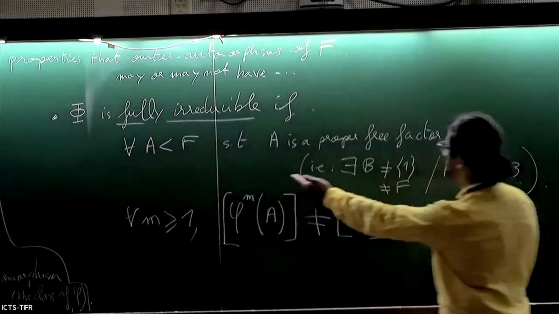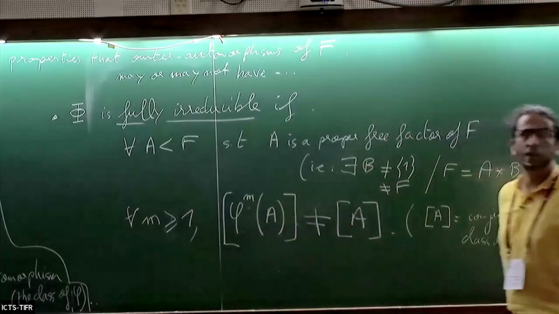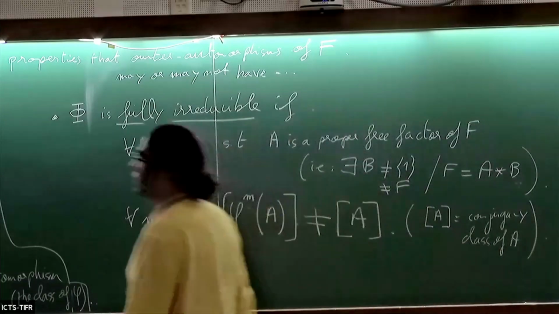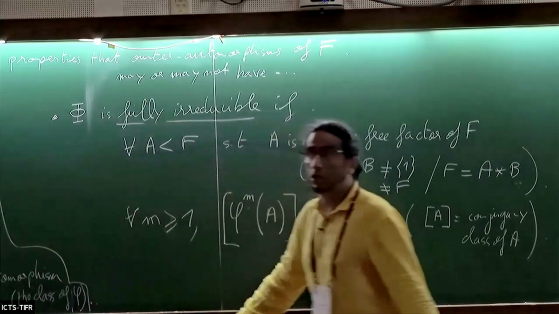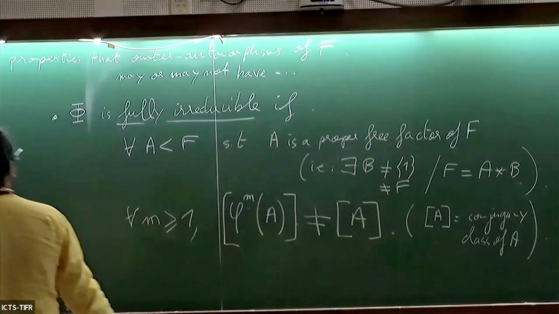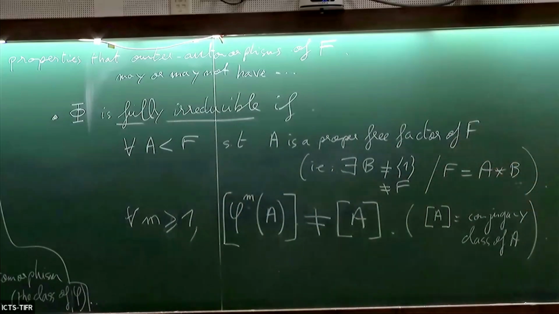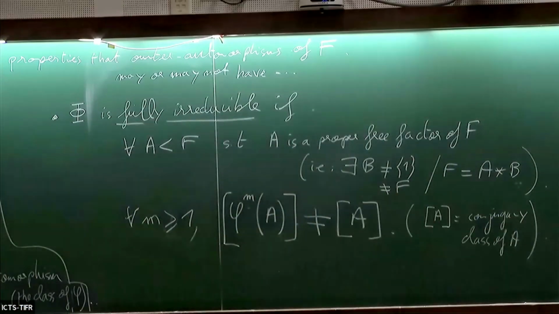That means, what if there is such a free factor that is actually preserved up to conjugacy by some power? Easy trick, you go to the abelianization, and the free factor becomes a direct factor. So it means that I will see on the matrix of phi in the abelianization that there is this direct factor such that some power preserves it.